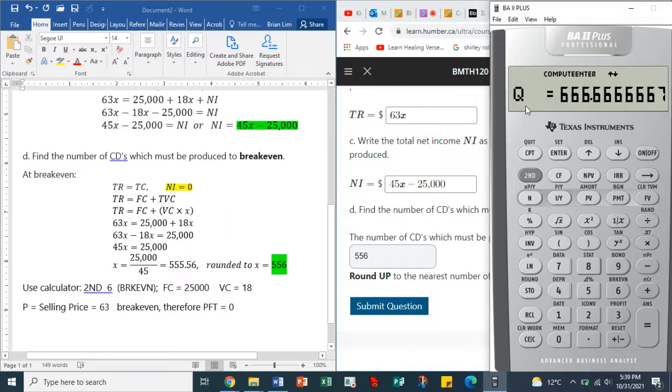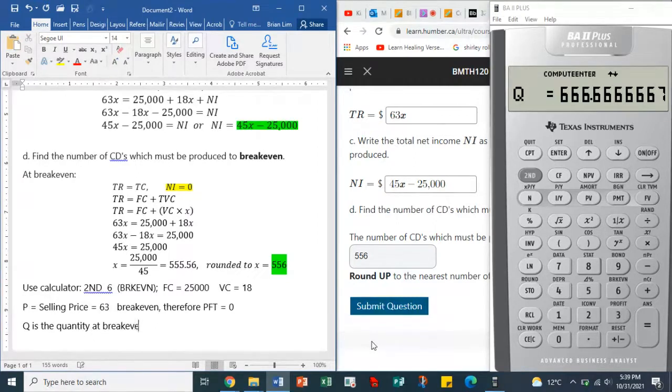And then the quantity. Now this is the quantity at break even. Q is the quantity at break even. So what do we do?